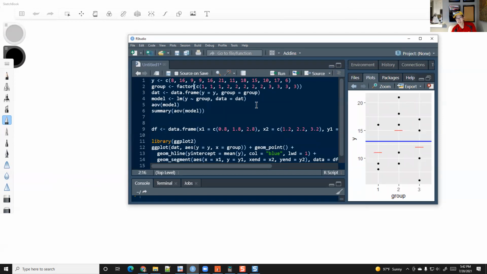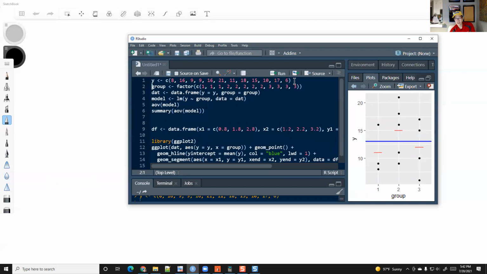You would enter all of the group information in basically a factor here. So the observations 8, 16, and 9 correspond to group 1. The next 5 observations, 9, 16, 21, 11, 18, go into group 2. And the last 4 observations, 15, 10, 17, and 6, go into group 3.